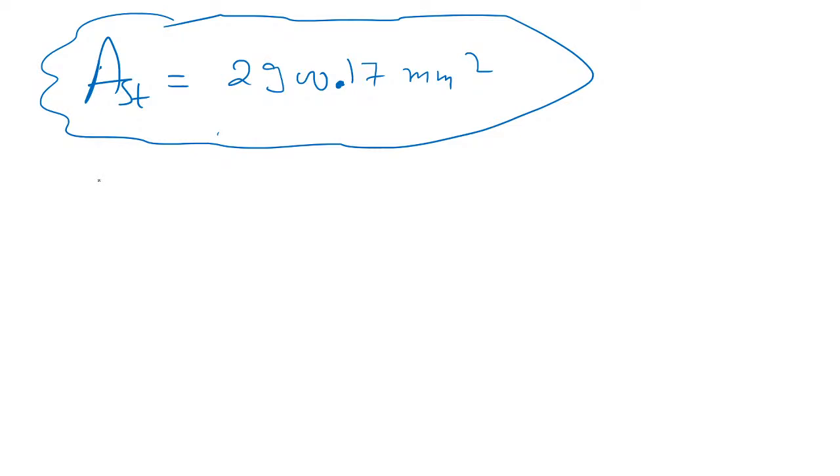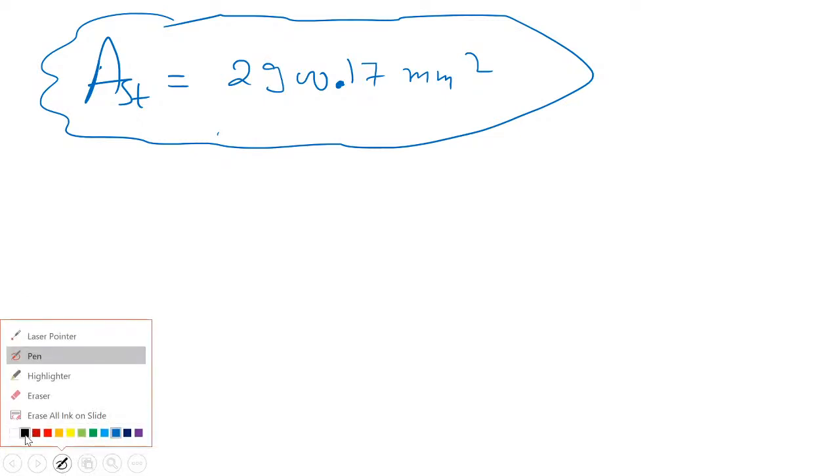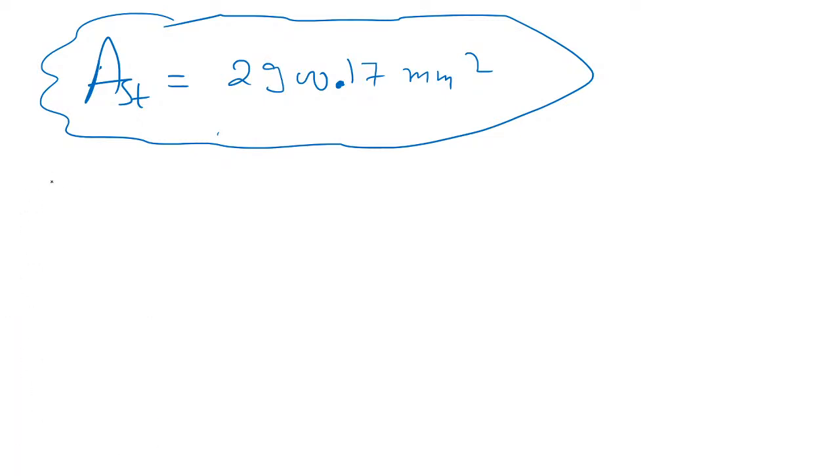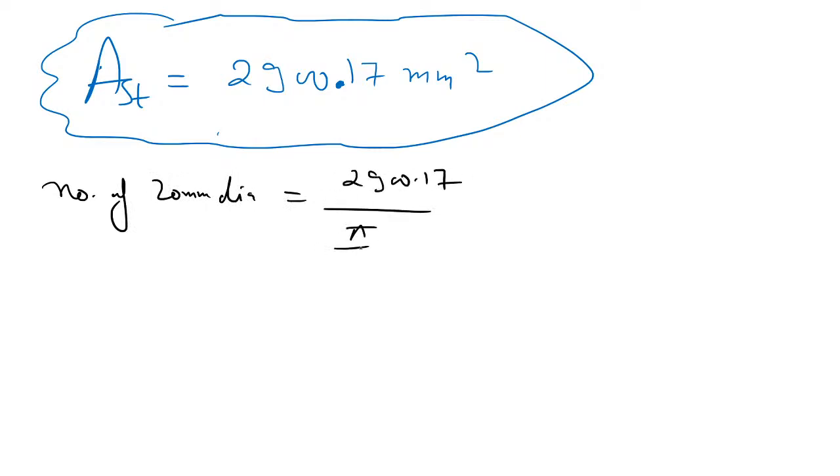So tell me the number of bars of 20 mm dia. So number of 20 mm dia bars is 2900.17 upon pi by 4 into 20 square.